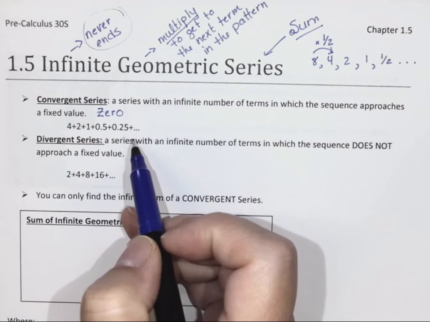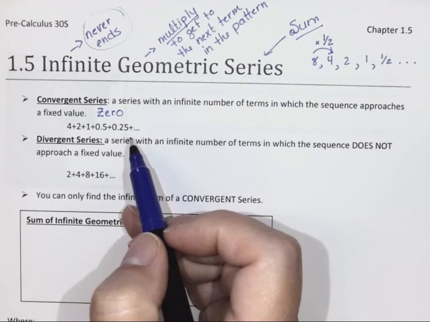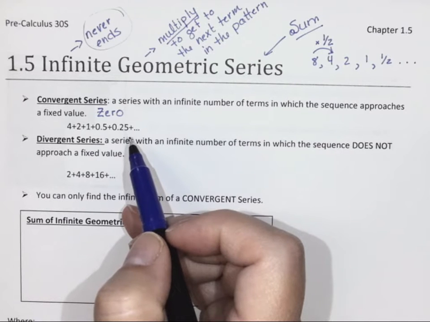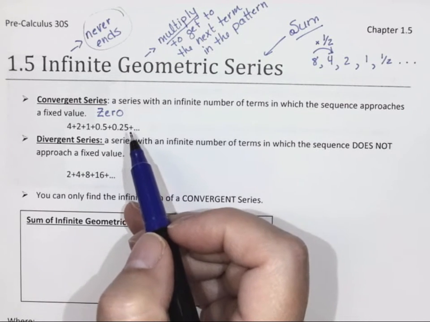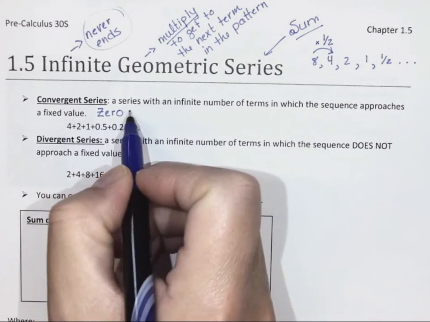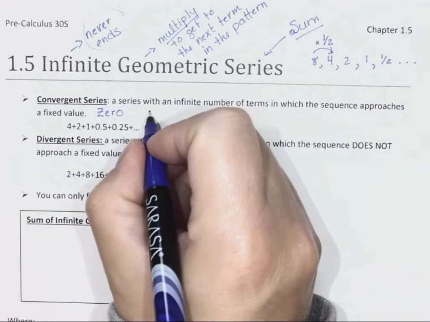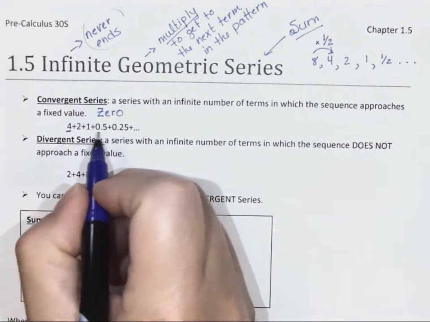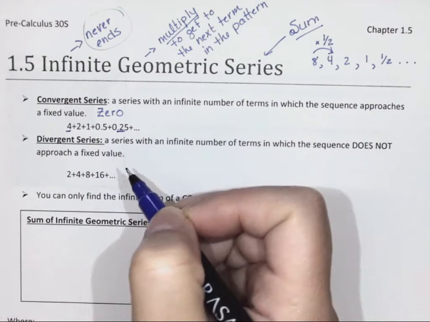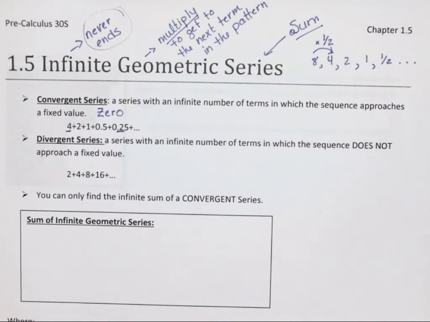They'll never reach 0, but they'll get so tiny that they're really, really close to 0. So the number that the convergent series is always working towards is 0. As you can see, we started at 4. This is a quarter. We keep getting smaller and smaller. A quarter of a quarter is a 16th. A quarter of a 16th is a 64th. You can see that the numbers are getting tinier and tinier.